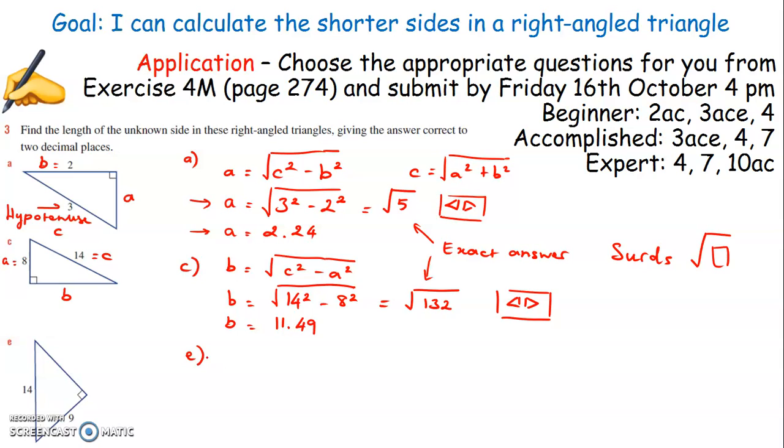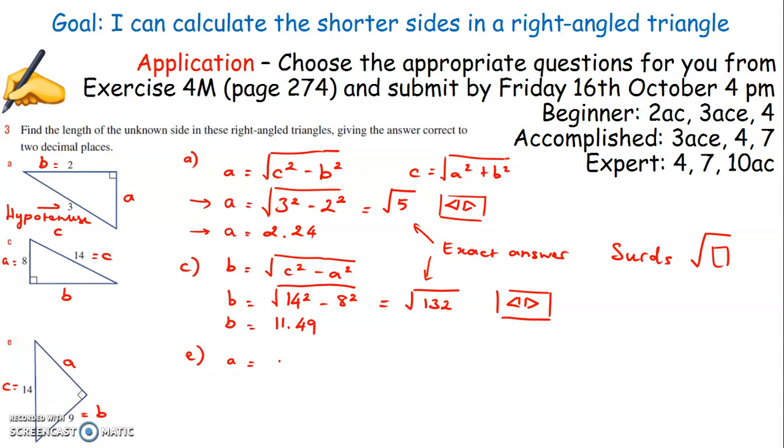All right, so moving on to E here. Again, this is our hypotenuse here, C. And this one here, we've got another shorter side, and we want to find out this one. So I want to label this side A this time, okay? And this side B. All right.